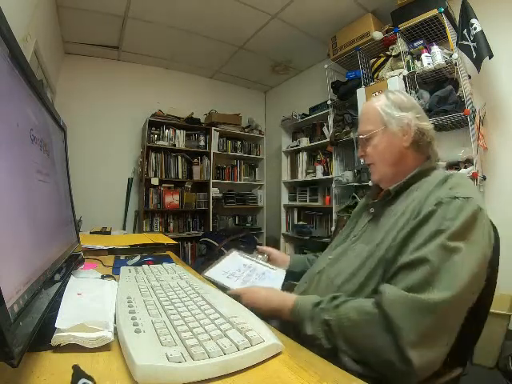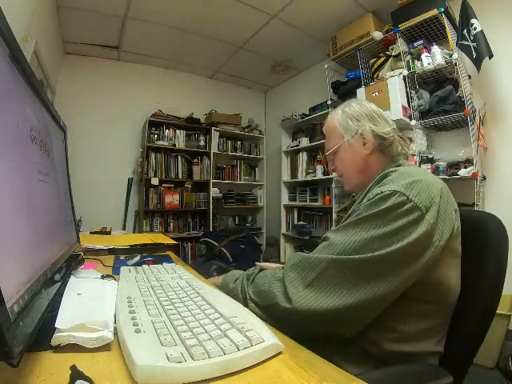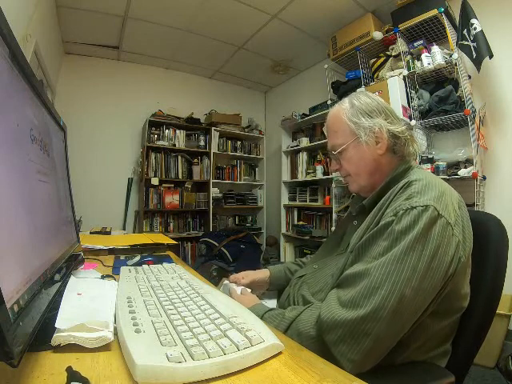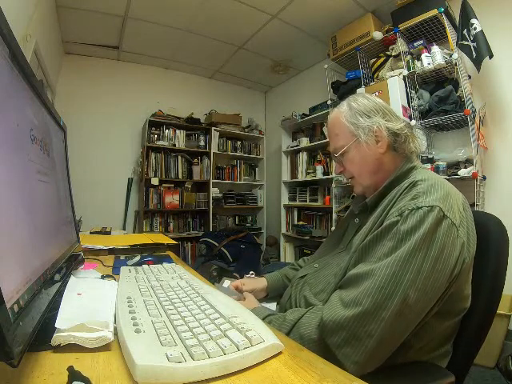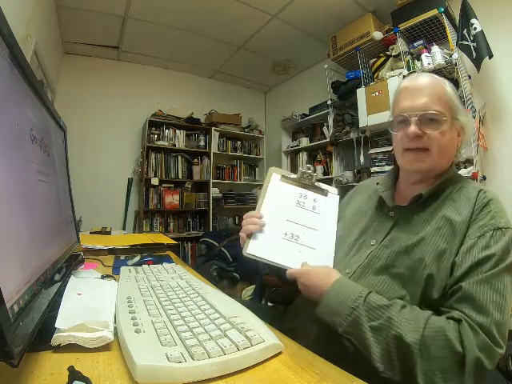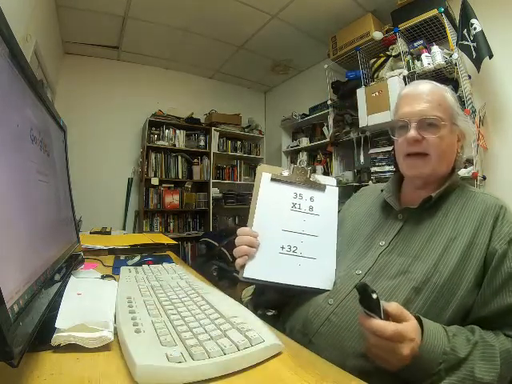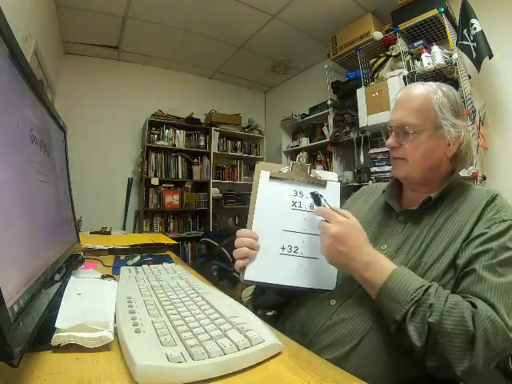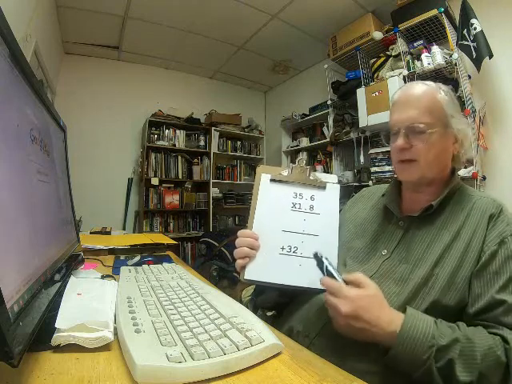And that's one example. We had another example I would like to show you just how useful this is. Let me get the paper loose. And this is a temperature conversion example. What we have here is a temperature in Celsius, 35.6, and we want to convert it to Fahrenheit.